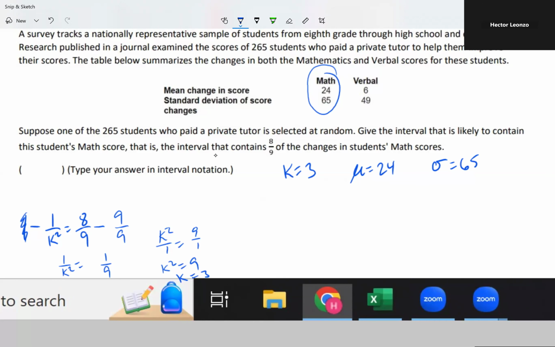So for my interval, remember I have to go average plus or minus K times standard deviation. For my first number, I'm going to go 24 minus 3 times 65, and it gives me negative 171. For the second number, I'm going to go 24 plus 3 times standard deviation, and my calculator gives me 219.